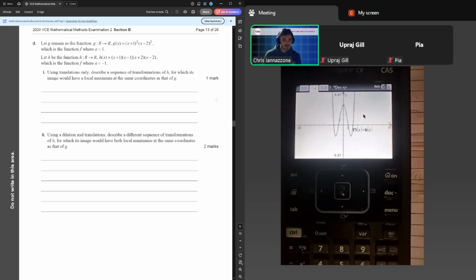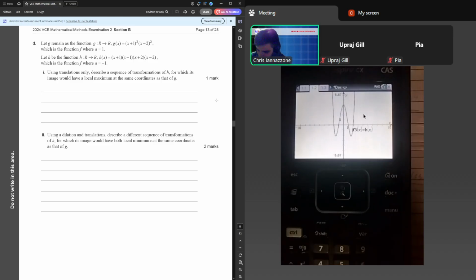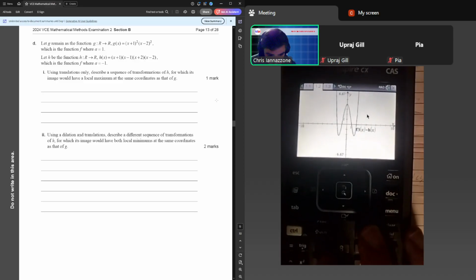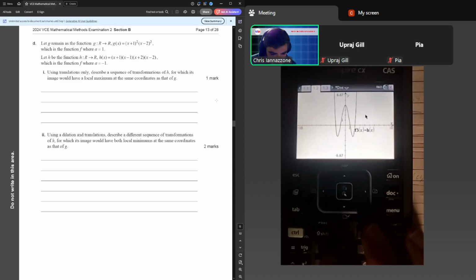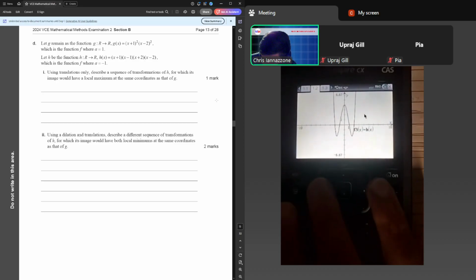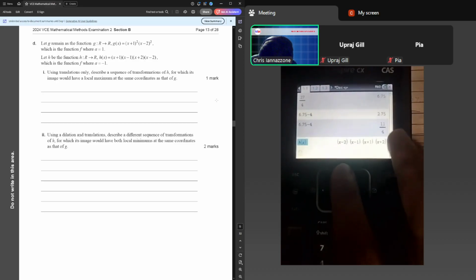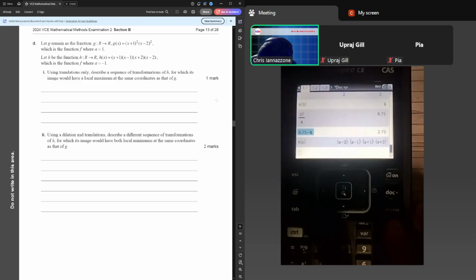Or at least what information would be nice to know before we start diving into it super deep to get our transformation set? The original minimum coordinates. Yeah, precisely. Now this one you could use fmin to grab both of those instead of doing derivative equals 0. I've already got a derivative equals 0, so we could just reuse those values.